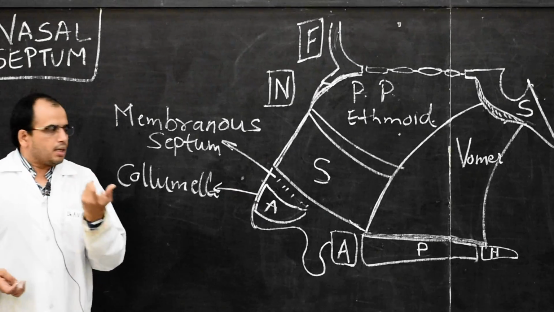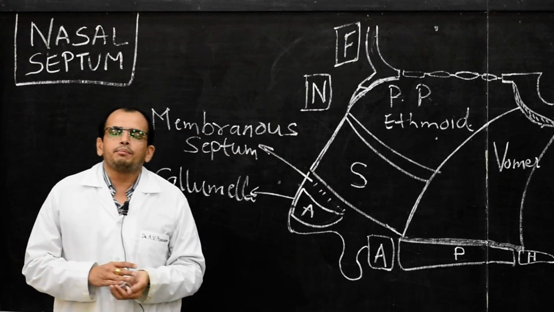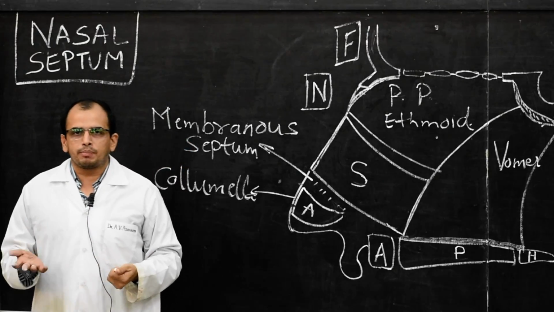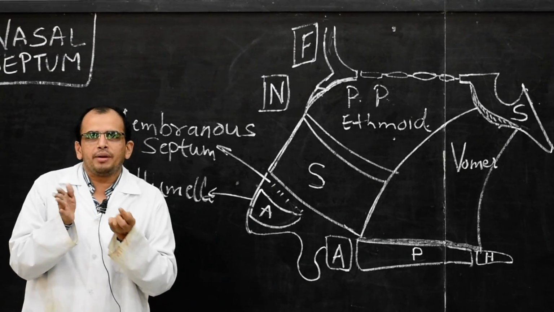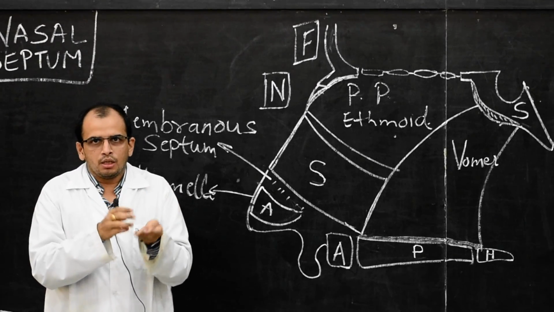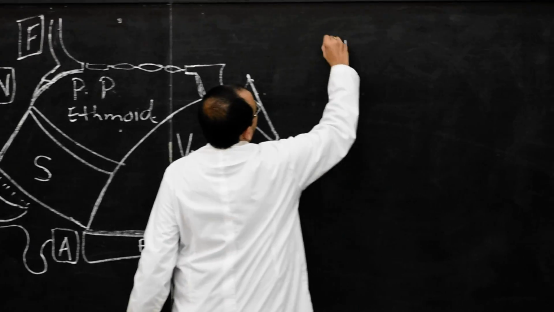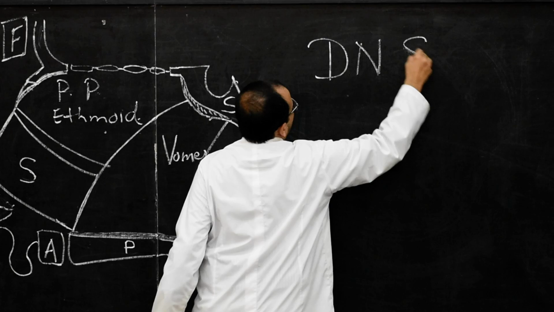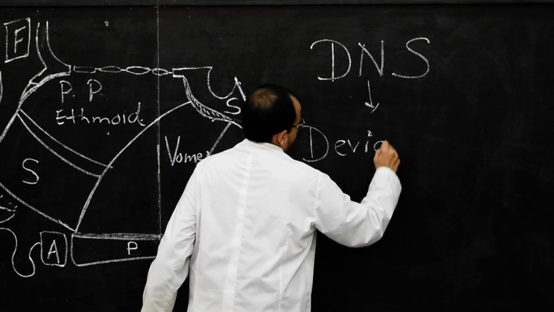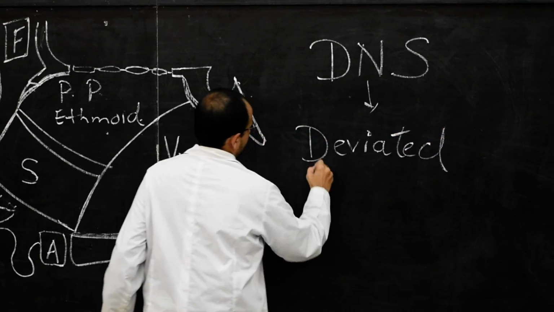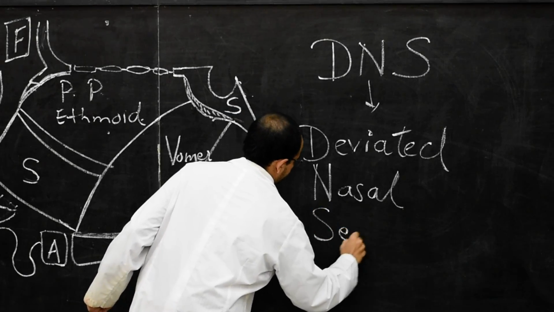Now although we say the nasal septum is a midline structure, in many people this septum may not be exactly midline. It may be deviated to either side. The deviation of the septum to either side is in short called DNS, that is deviated nasal septum.